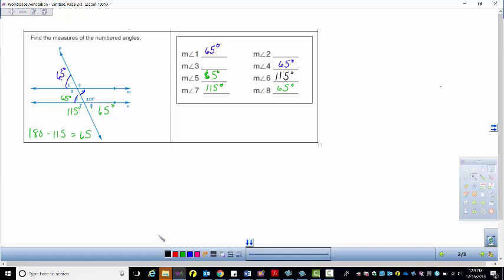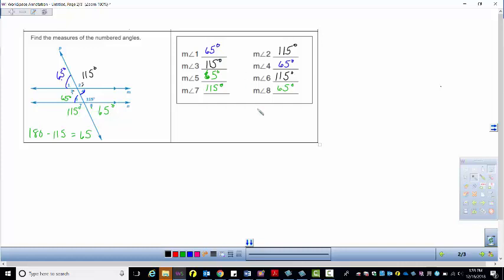And then all you have left is 2 and 3. Angle 2 and angle 7 would be equal because they are outside on opposite sides, so they're alternate exterior. So angle 2 would be 115 degrees. And then angle 3 would equal the same because they are vertical.